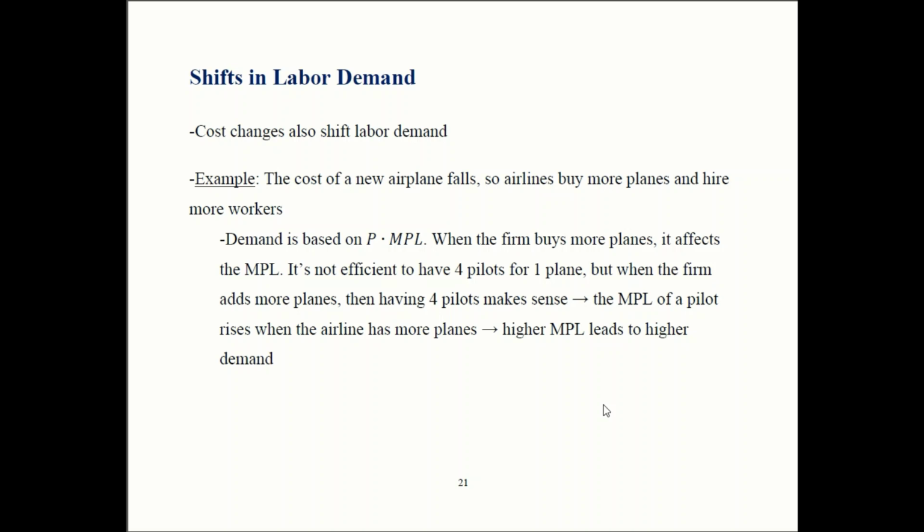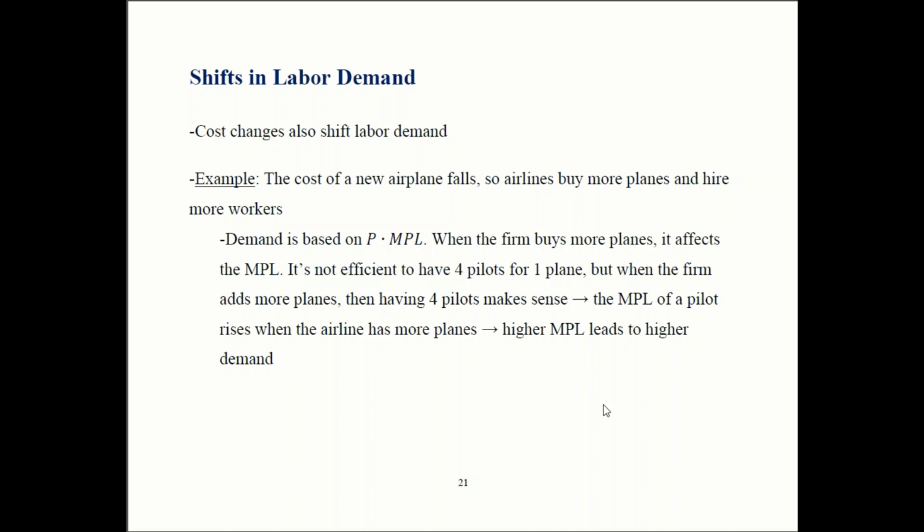You don't need 4 pilots on one plane. You need 1 pilot, and you also usually have a co-pilot if it's a large commercial flight. So maybe you need 2 pilots, and that can be efficient. But once you already have 2 pilots, the marginal product of having a 3rd pilot or 4th pilot or 5th pilot is probably going to be 0 or pretty close to it.